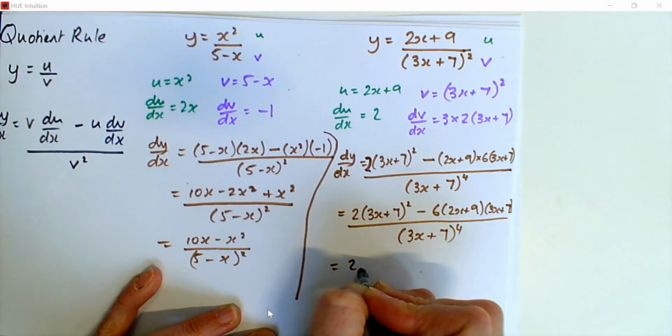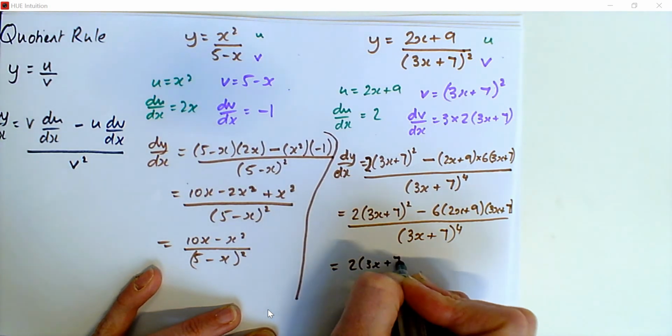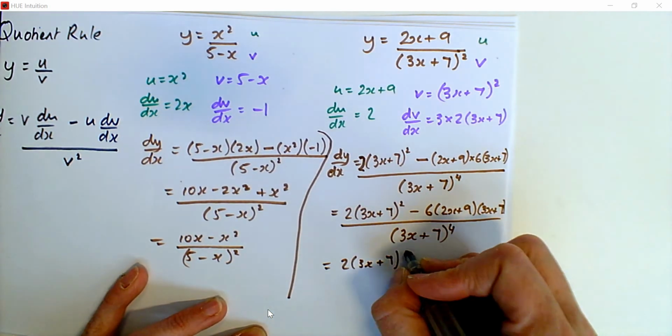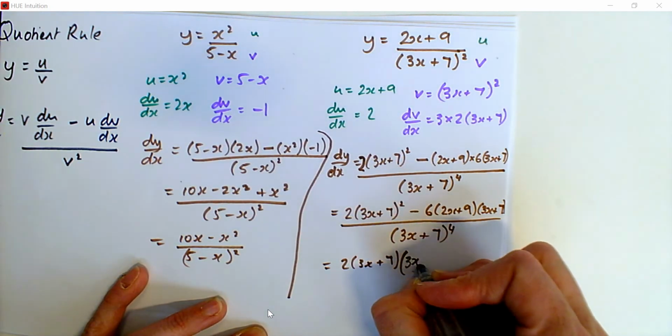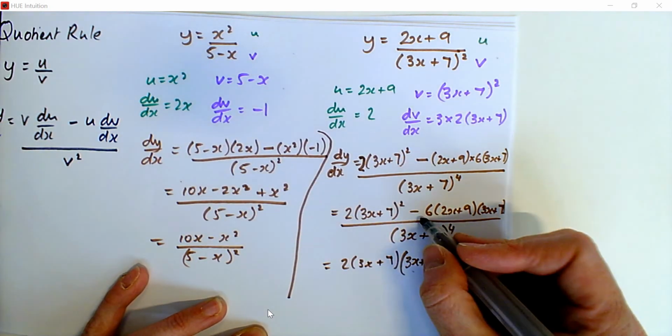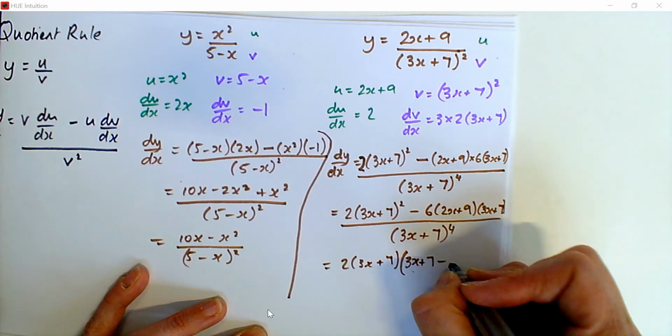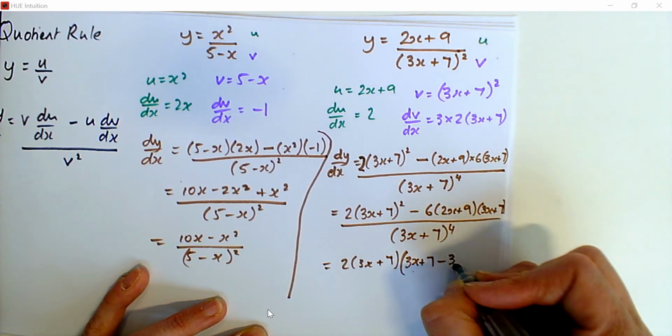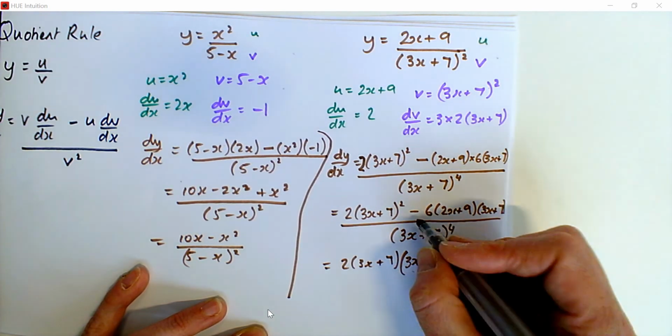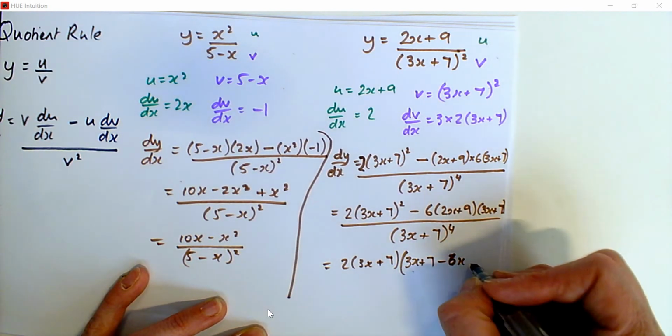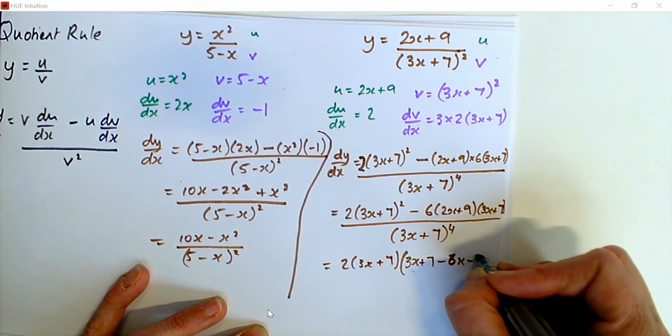So I can do 2 times 3x plus 7, and I'm left with, multiply it by 3x plus 7, and minus 3 times this. So minus 3 times 2x is 6x, and minus 3 times 9 is going to be minus 27.